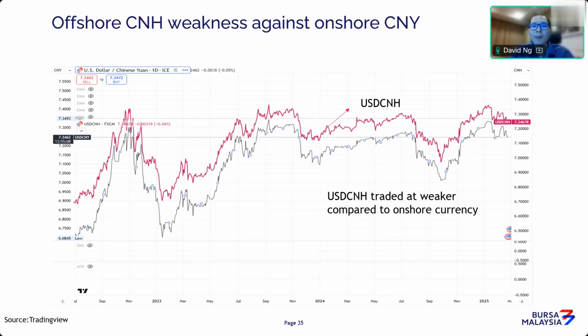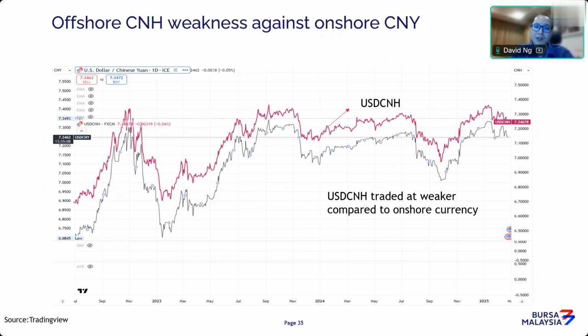So USD CNH will tend to show more weakness, because it tends to reflect what outsiders are looking at or gauging. Whenever you look at offshore currencies, especially RMB, you really need to think of that. It's a reflection, or a gauge, of how the overall market perceives the Chinese currency to be.